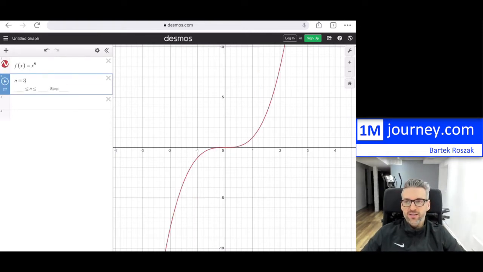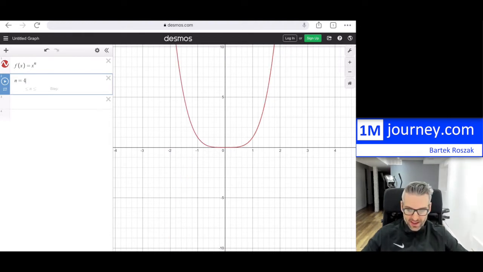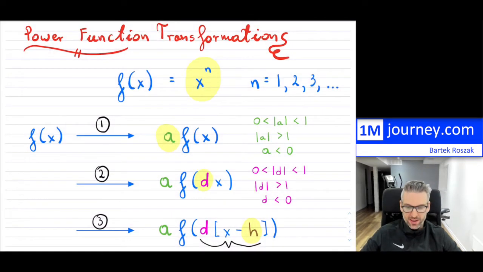When n is an odd number, so 3, 5, 7, 9, and so on, or, again, I'm going to do the power of 4 because we've done enough parabolas already, although this is kind of like a parabola as well. When they're even, so 2, 4, 6, 8, 10, 12, and so on, they always look kind of like a parabola. If we go back in here and want to do the transformations of these, the steps are no different. So when we have this as a whole.